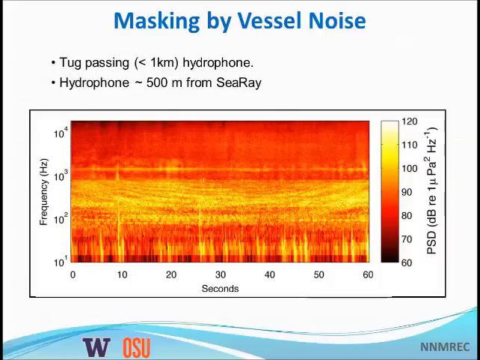So here's one example where we were out taking data, and the hydrophone itself was about 500 meters from the device, and there was a tug passing about 1 kilometer west of the site, and suddenly we can't see any sign of the wave energy converter in our spectrogram.